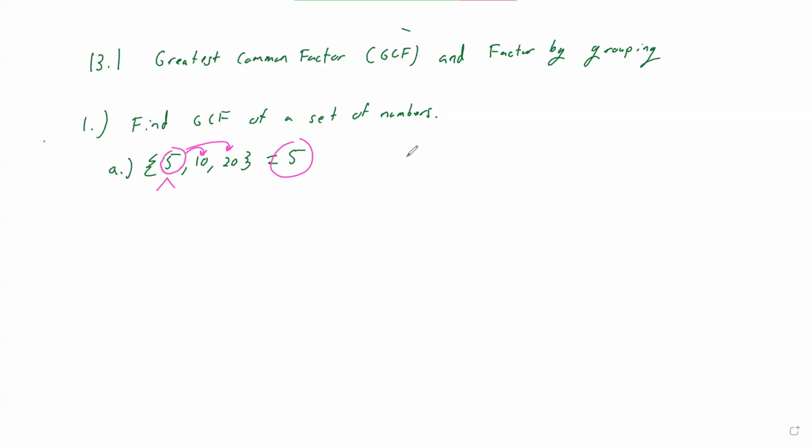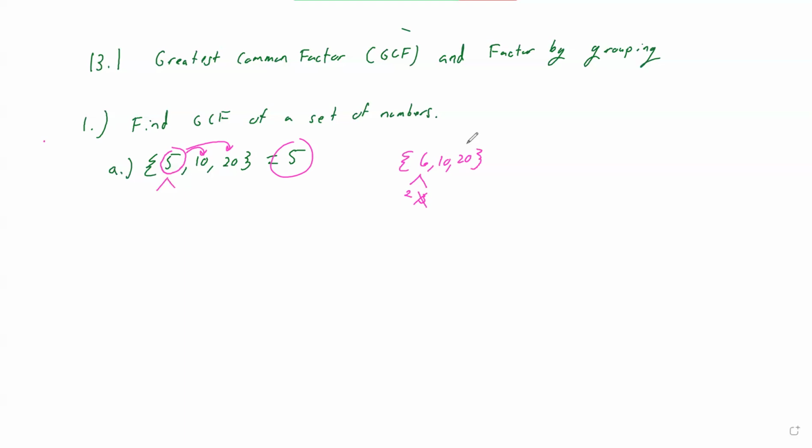So if this said, hypothetically, 6, 10, 20, 6 would no longer be the answer because 6 does not go into 10 and 20. So I would take 6, break it down into 2 and 3, because that's what multiplies to 6. And then I'd ask, does 3 go into 10? No, so that one's out. Then does 2 go into 10?